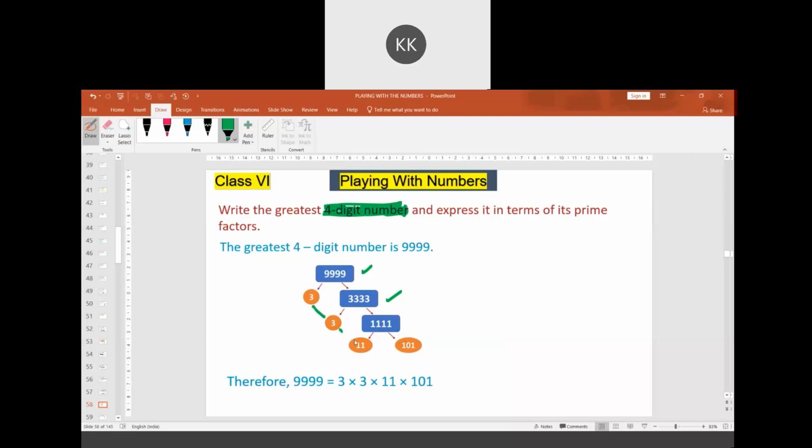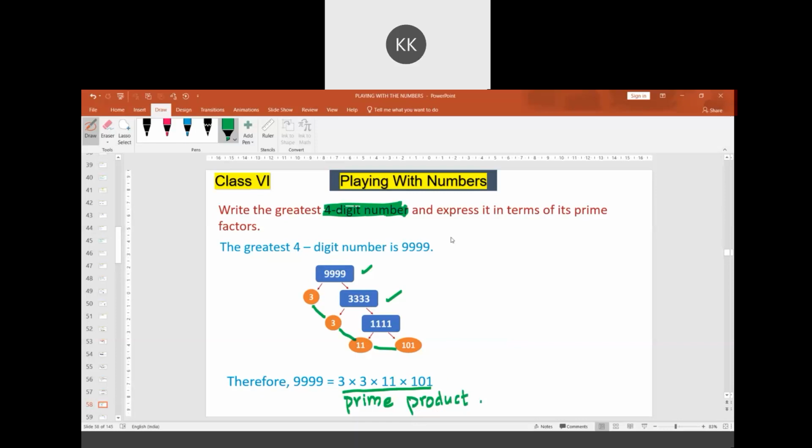These numbers are considered here. They are the prime product. So a given number can be expressed as a prime product of a few numbers.